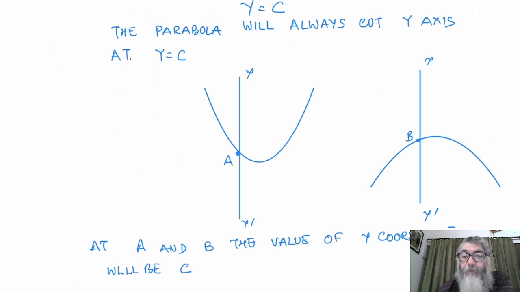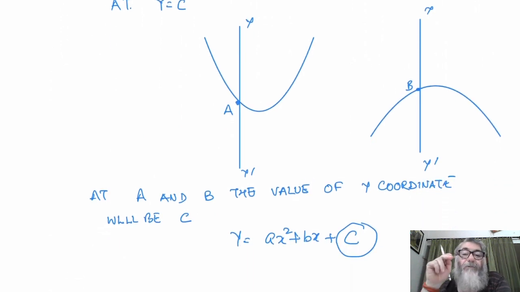And where do we get c from? y is equal to ax square plus bx plus c. This value c will tell you where the curve cuts the y-axis.